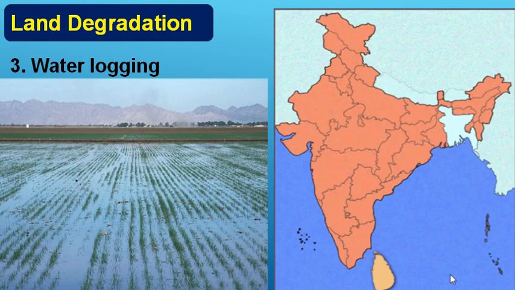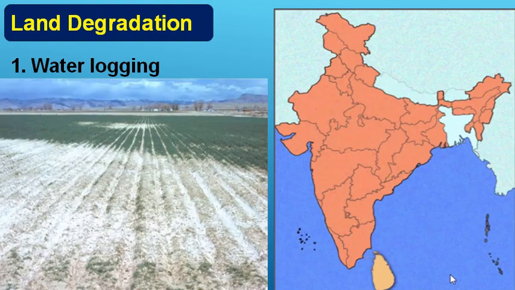Then it is waterlogging. Waterlogging we have already discussed. Whenever there is excess water in the agricultural land, the water seeps into the subsoil and mixes with the salt. Later on, due to evaporation, the same groundwater comes up with the salt and finally leaves the salt on the upper layer of the soil, and water evaporates, changing the land into saline or alkaline lands, which is unfit for agriculture.